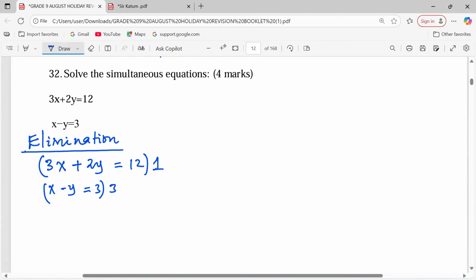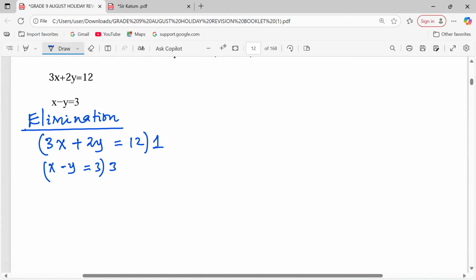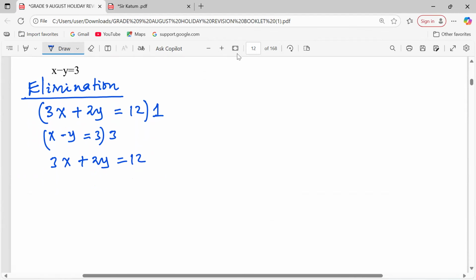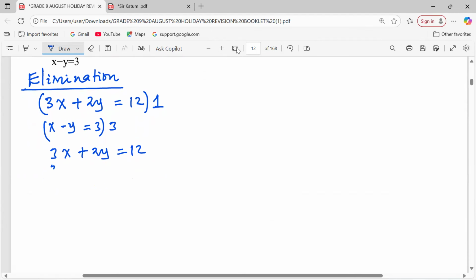Now that we have exchanged the coefficients of x from the two equations, we will be able to eliminate x. The first equation remains the way it is. The second one, after multiplying by 3, shall be 3x minus 3y equals 9.